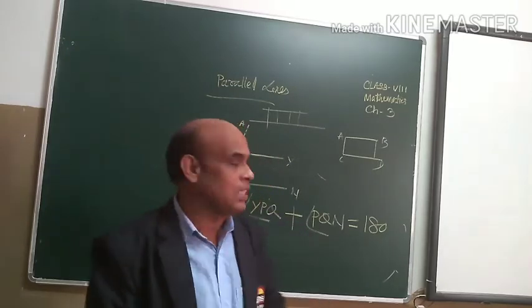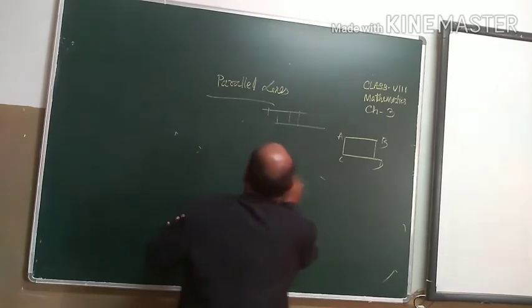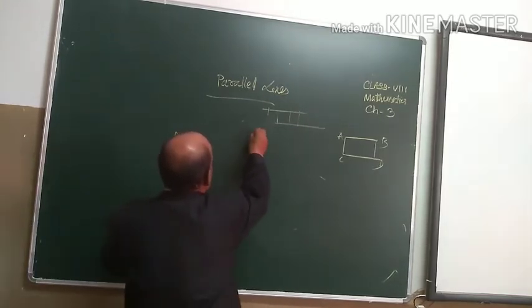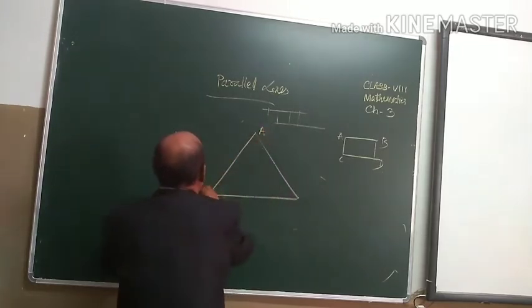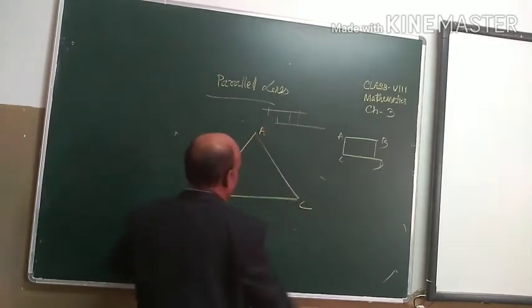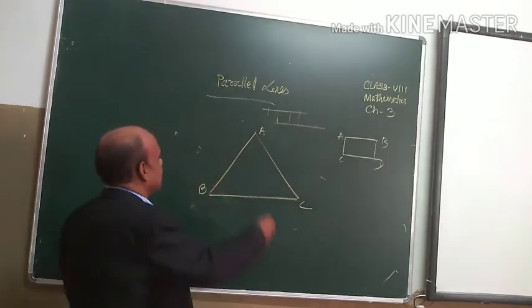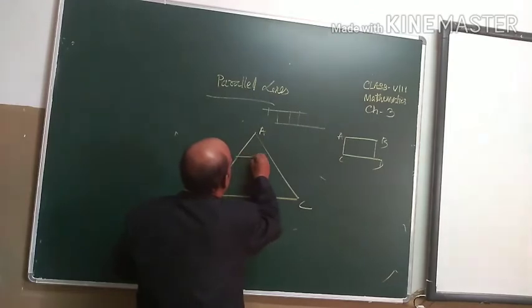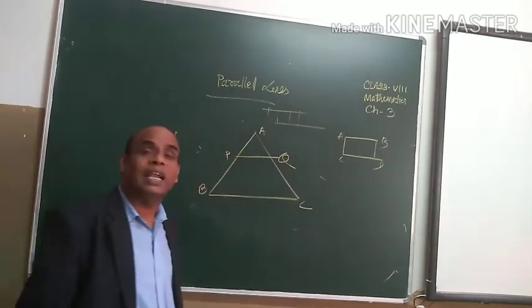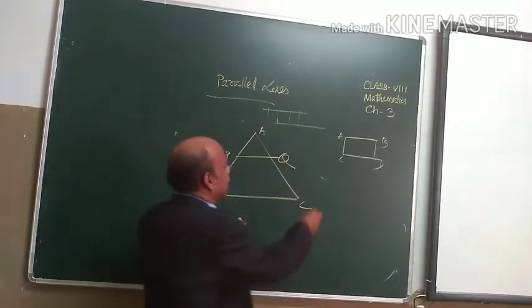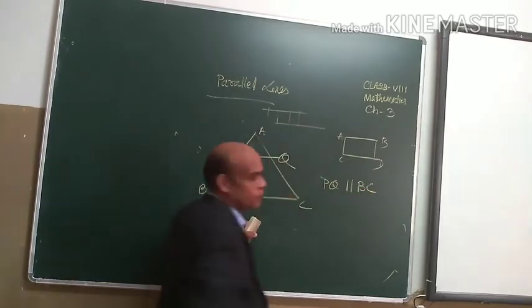So now see some problems. Suppose ABC is a triangle, and you see here PQ is parallel to BC. I will write PQ parallel to BC.